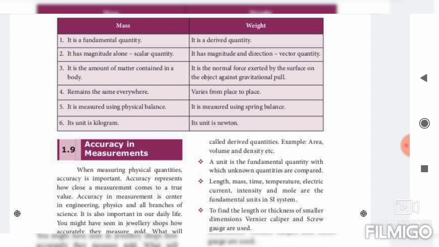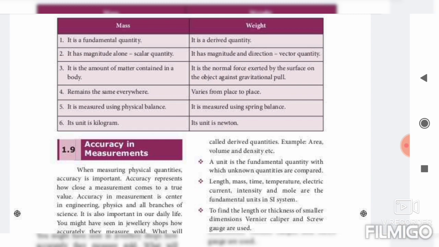So this is an important question, you have to learn mass as well as weight. Once again, say along with me. Mass is a fundamental quantity, weight is a derived quantity. Mass has magnitude alone, a scalar quantity. Weight has magnitude and direction, a vector quantity. Mass is the amount of matter contained in a body.